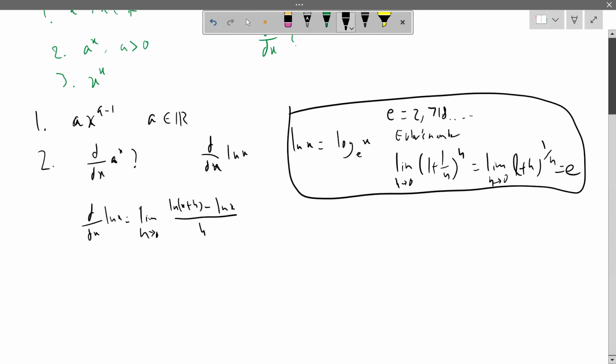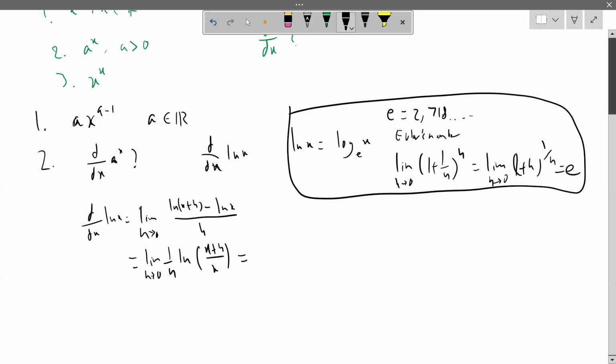So let's rewrite this form so that it becomes the limit of 1 over h times the natural logarithm of x plus h over x. And still the limit is when h approaches 0.